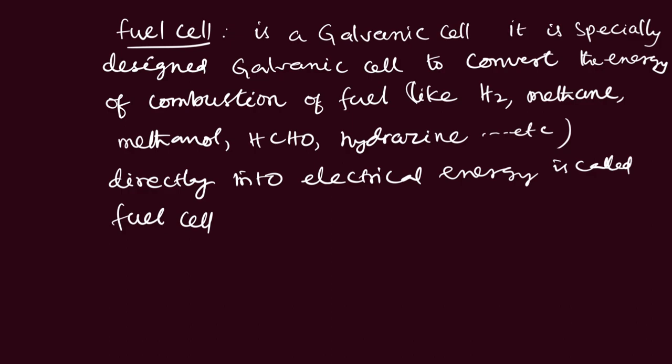There is no pollution also, and its electrical energy efficiency is around 70%. Compared with thermal power plants, nearly 30% greater. In a power plant, how much? Nearly 40%. Here, 70%. Therefore, it is better than thermal power plants.